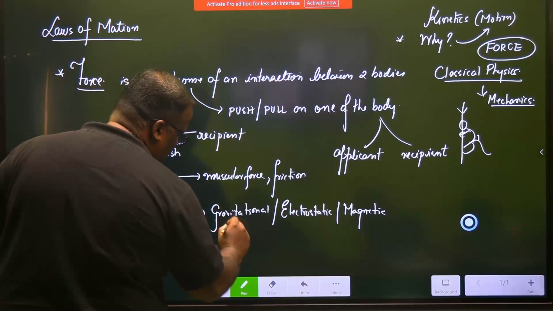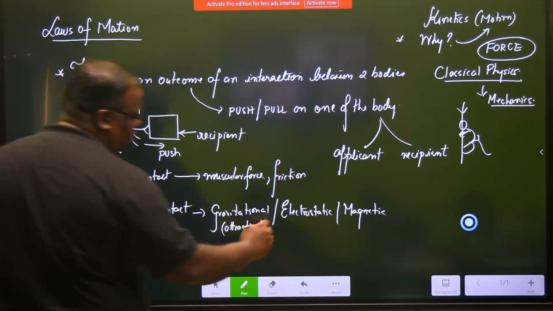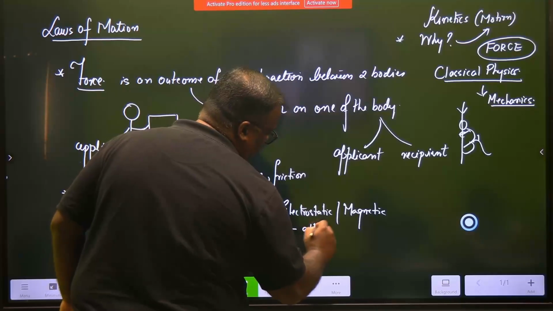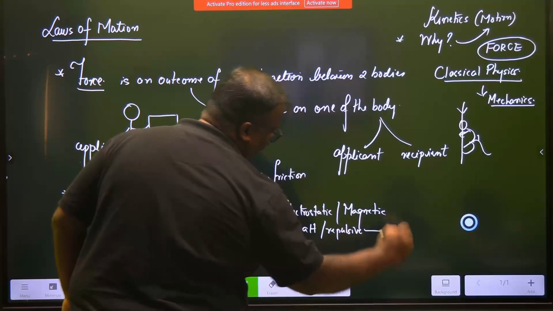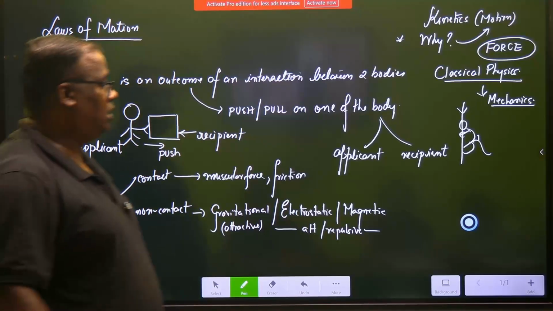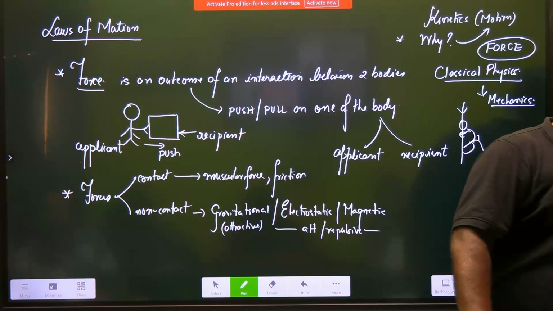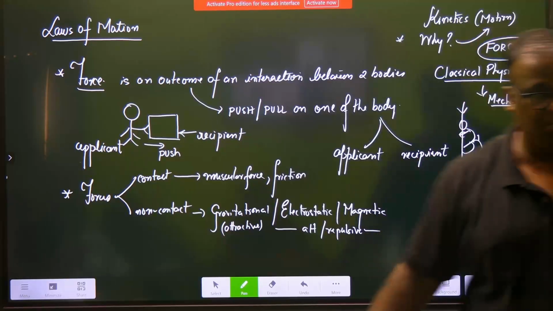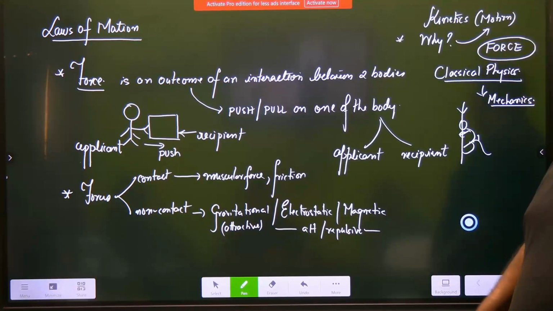While gravitational is always an attractive force, these two forces can be attractive as well as repulsive. Electrostatic force is the force created by two charged objects. Gravitational is the force exerted by a body on any other body.